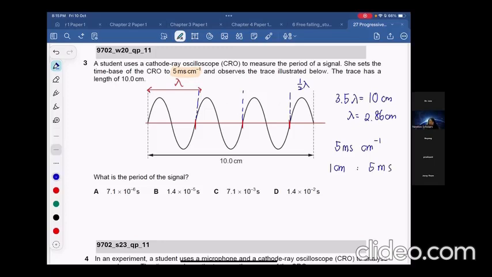One complete wave needs 2.x6 cm. Agree? How many seconds do you need? That is your answer. Because this is the wavelength for one complete wave, then this time is the time for one complete wave also. So it's called period. The question is asking you, what is the period?